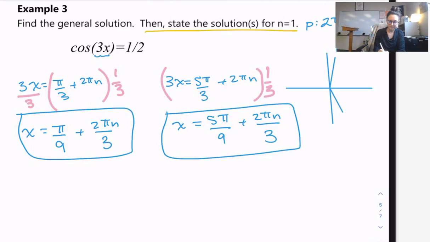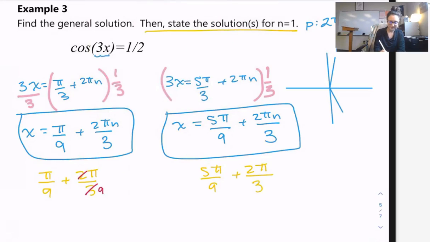I'm going to make anywhere I see an n, so here and here, I'm going to make those 1s. Okay, so I have pi over 9 plus 2 pi times 1 over 3, and then 5 pi over 9 plus 2 pi times 1, so I don't need to write it, over 3. So let's simplify these. I need a common denominator, so let's multiply by 3 here.